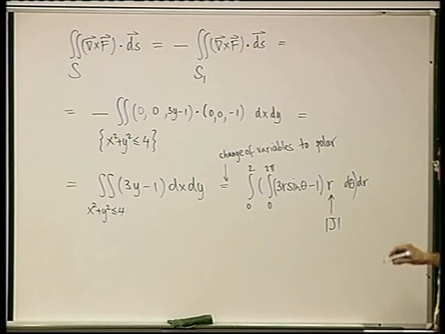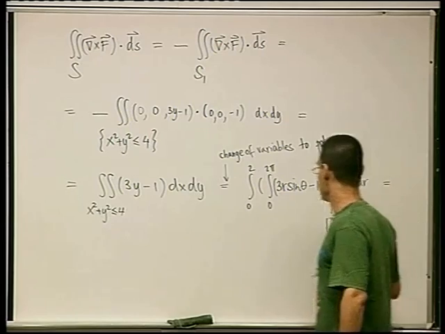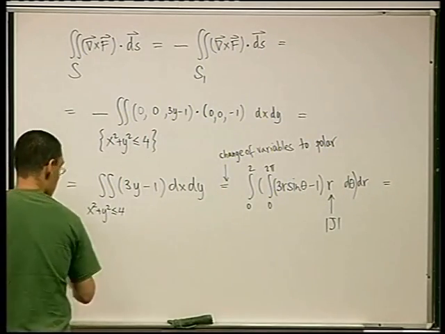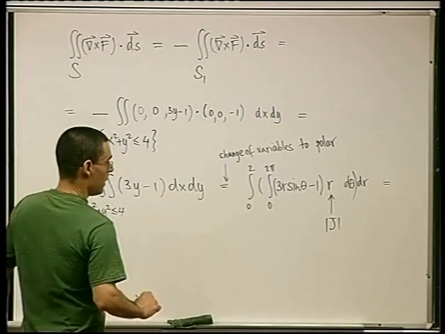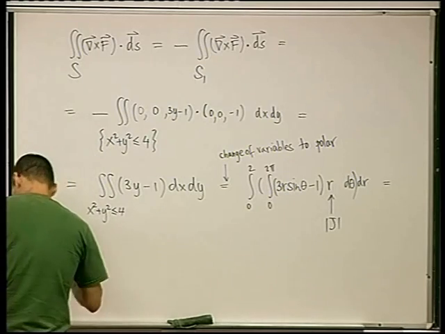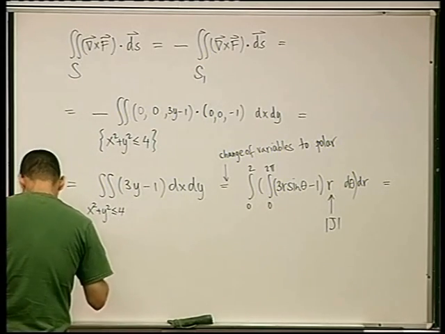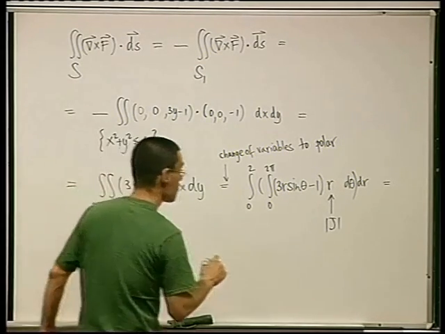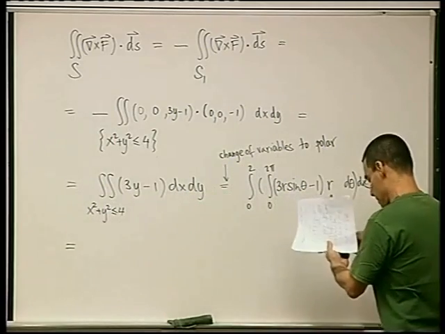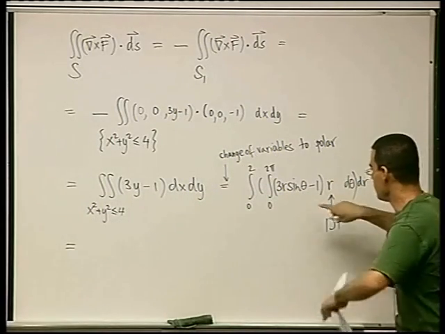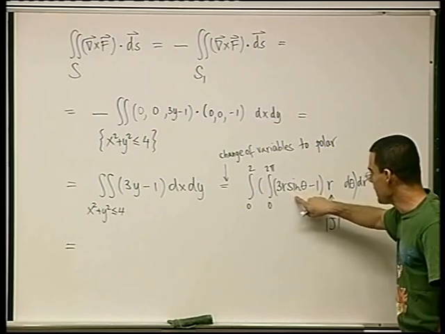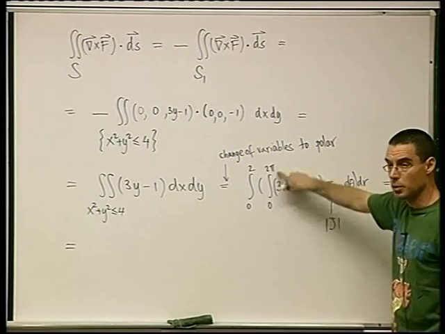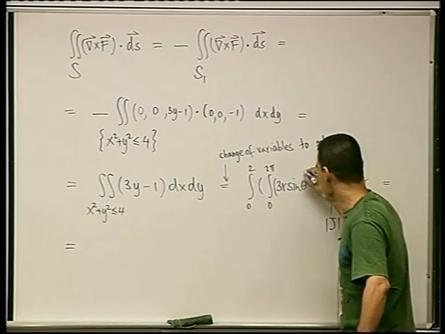And now I want to calculate this double integral. So what do I get? Oh boy. I can do the same trick. This part has an integral of sine theta between 0 and 2 pi. This is going to vanish.